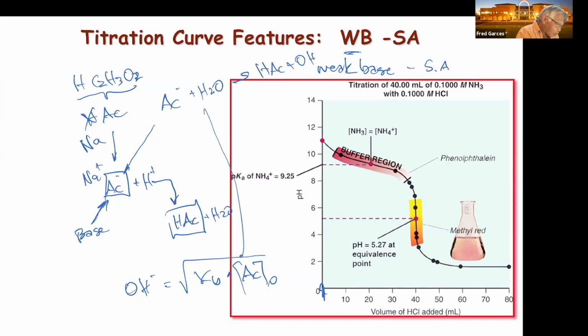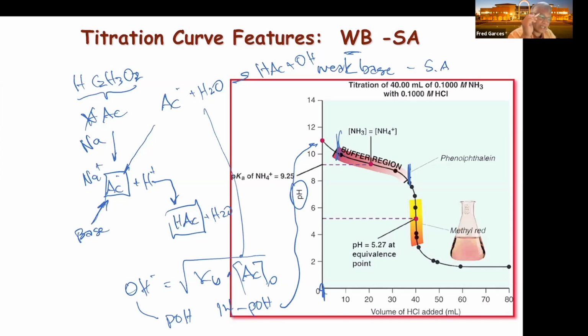Now if you've got the OH, you can get the pOH. Don't plot pOH because this is the pH scale. You've got to take 14 minus the pOH, and then you can plot it right there. And then, of course, this is the buffer region right here.